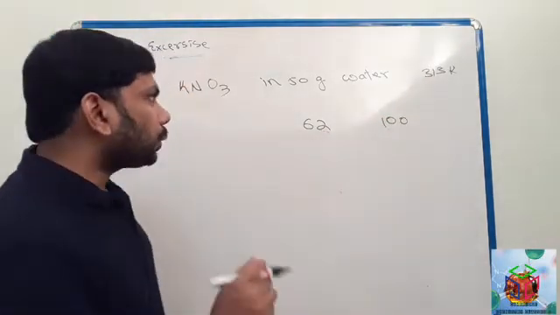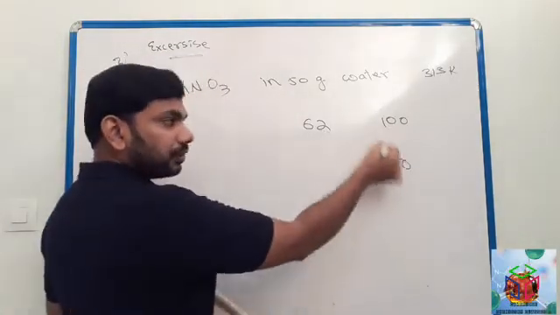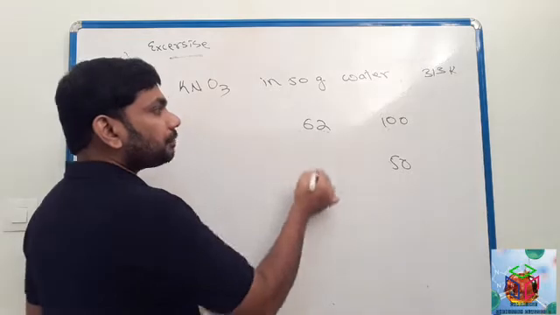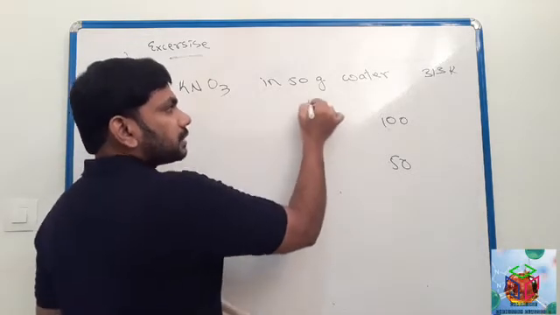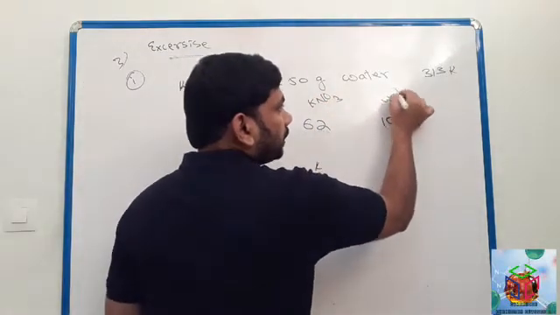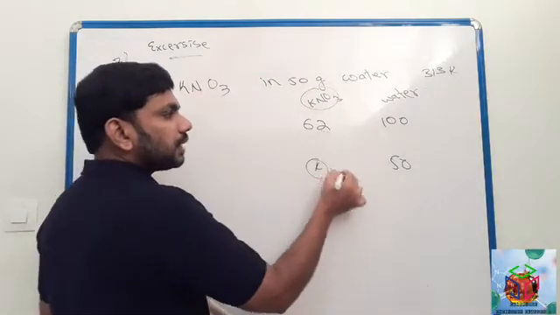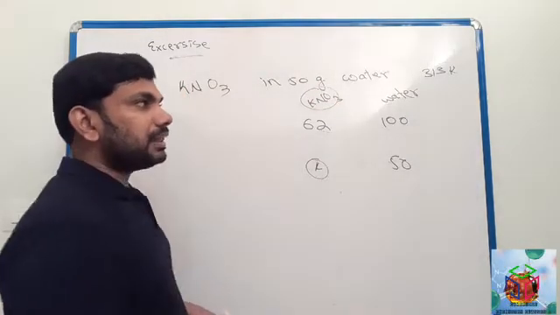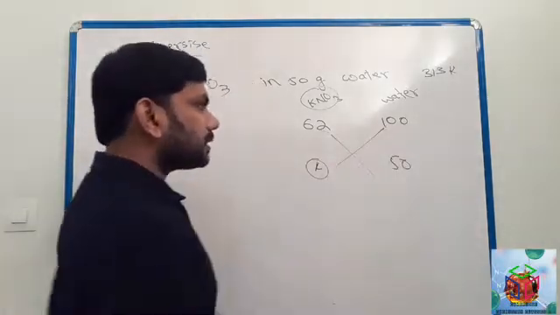So here the question is asking for 50 gram water. What will be the mass of potassium nitrate? This is the mass of potassium nitrate, this is the mass of water. We have to find the mass of potassium nitrate at 50 gram of water. So we can cross multiply this.